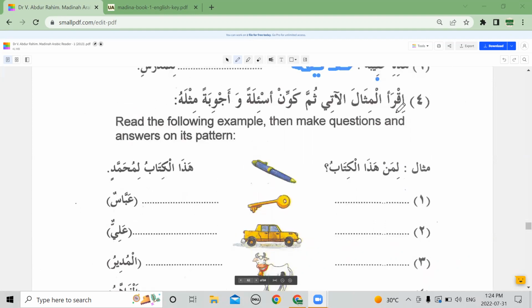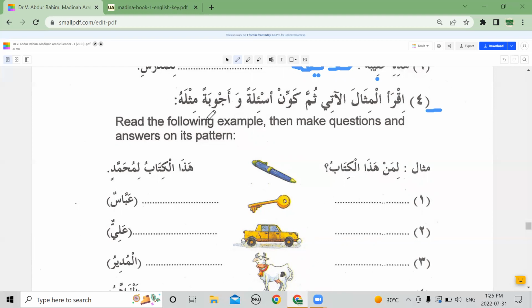Number 4. اقرأ المثال ثم كون أسئلة وأجوبة مثله.